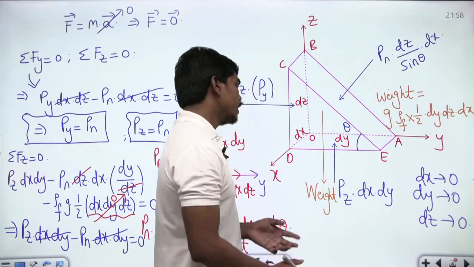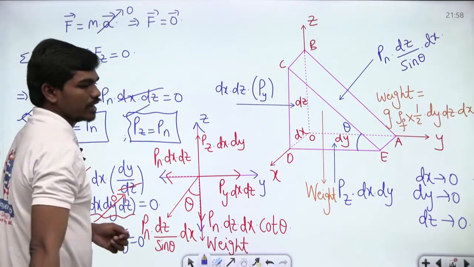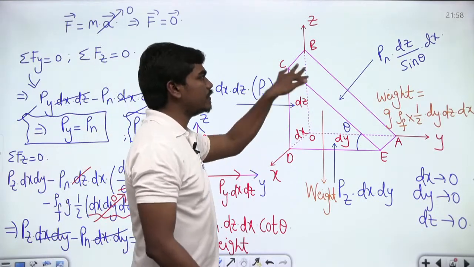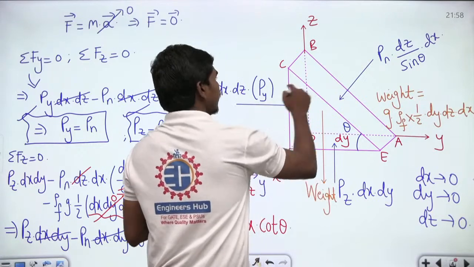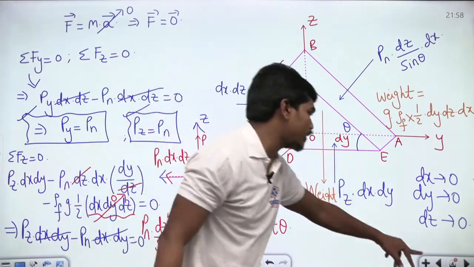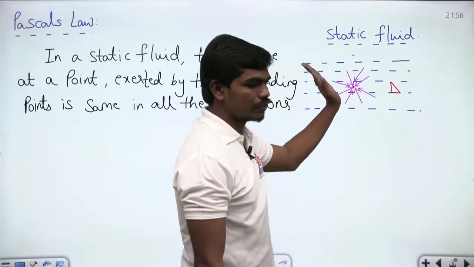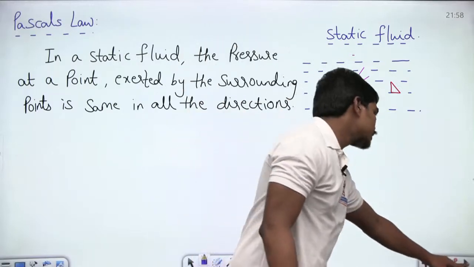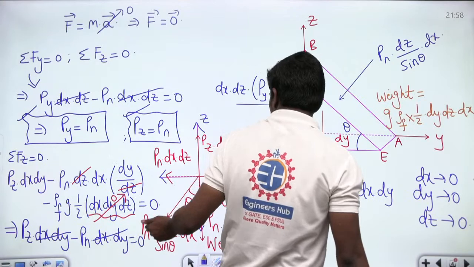So that's the reason, and which means you have Py equal to Pn and Pz equal to Pn. If you take two directions and the third direction in any arbitrary direction, definitely we find Py equal to Pn equal to Pz. Whenever this block is very small, whenever this triangle is shrinking to a point, the stress from any angle theta will be the same, because in the end result you had no involvement of theta.